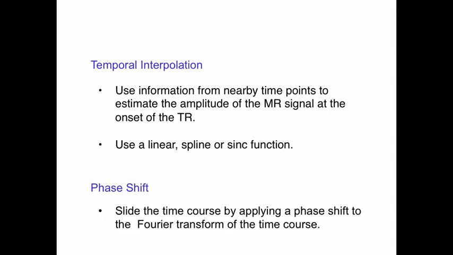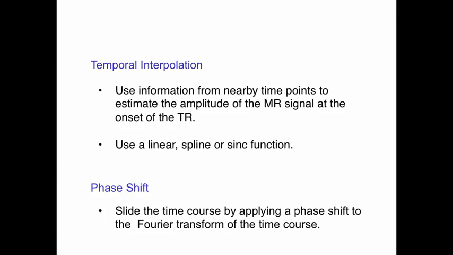So the idea behind temporal interpolation would be that you use information from nearby time points to estimate the amplitude of the MR signal at the onset of the TR, for example. And then you use some sort of spline or linear or sinc function in order to shift it so that they're measured at the beginning of the TR or the middle of the TR or whatever you choose as your target.